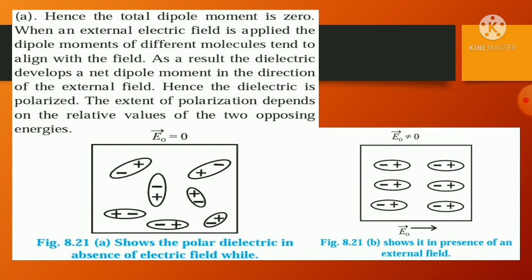Hence, the dielectric is polarized. So in this way, the dielectric material becomes polarized, as shown in figure 8.21b.